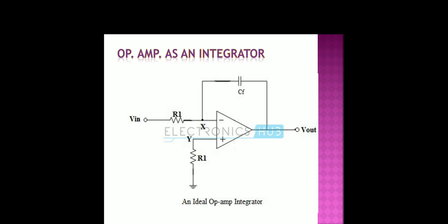The Vout line for output voltage is shown. Y point is also at ground through a resistor and it is located at the positive or non-inverting input terminal of the op-amp. Please draw this diagram for your reference, as we are going to derive the integrator output equation.